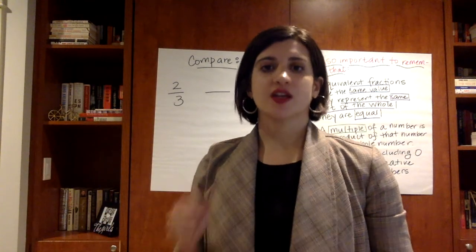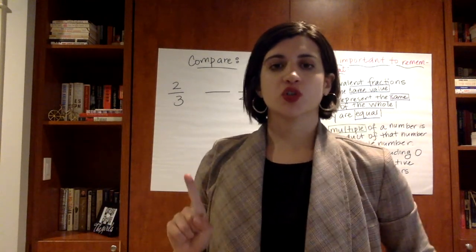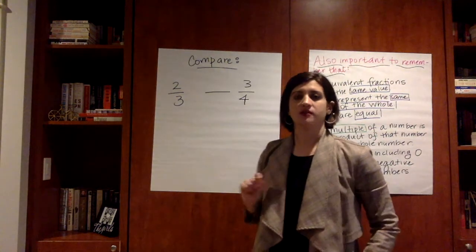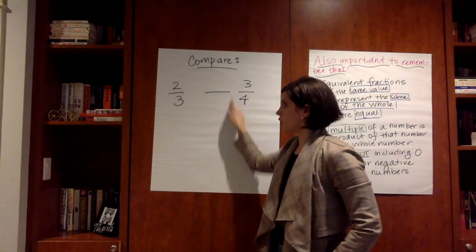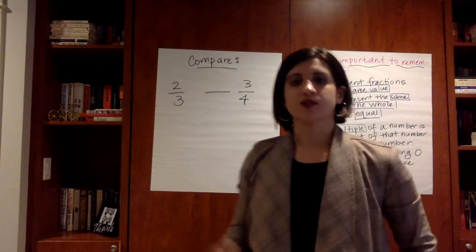What's the first thing I need to do? The first thing I need to do is find the least common multiple of 3 and 4, the least common multiple of my denominators.